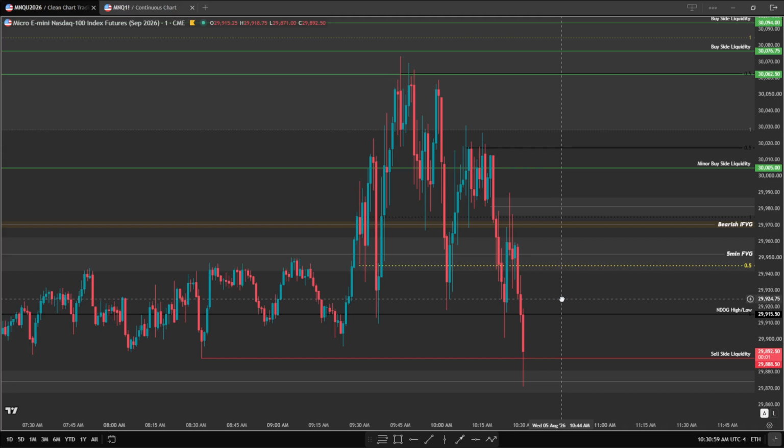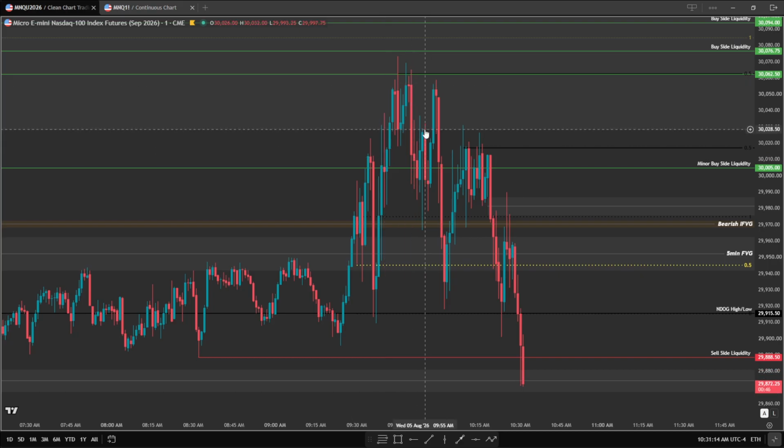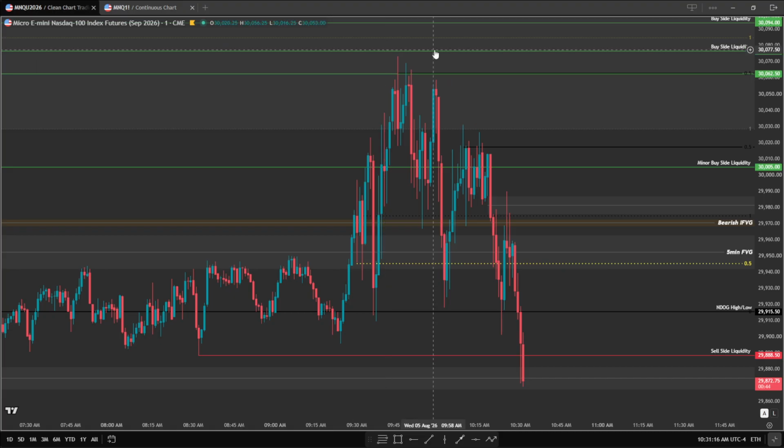People will never understand how hard this is. I took a loss going short here. I was aiming for this wick. And then I went short right here with a stop up here. And that's my target. But guess what?